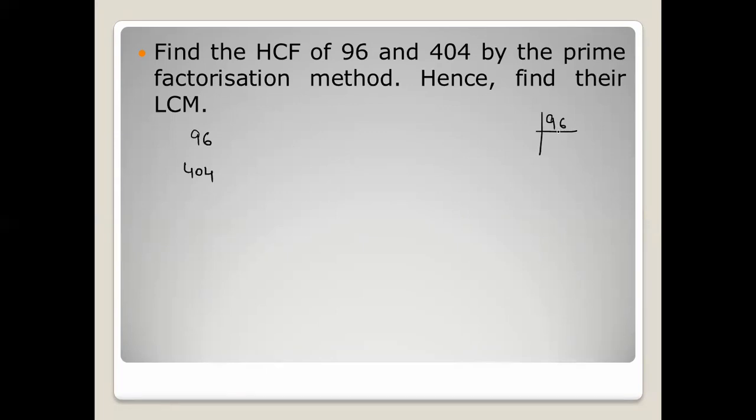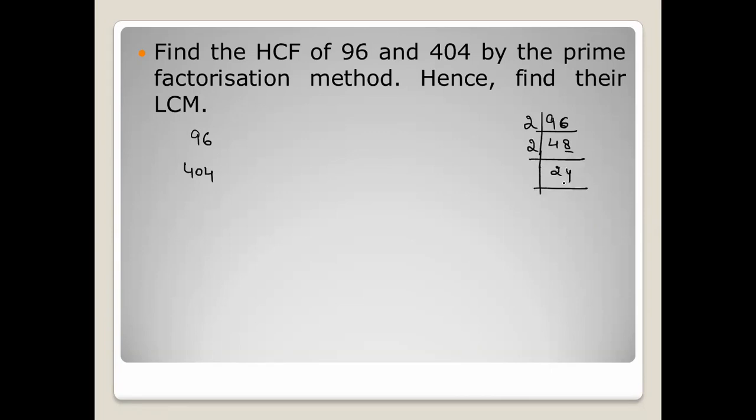96, see 2 से divisible होगा because आपके ones place पे even value है, that is 6. So it is divisible by 2. Okay, so that is 48. Again 8 क्या है आपका? Even number, so again it will be divisible by 2 only, so 24.